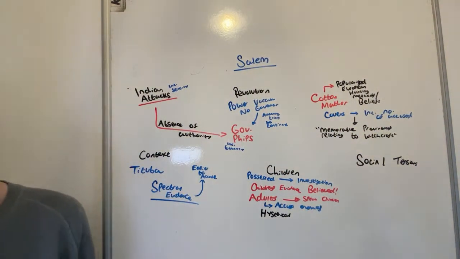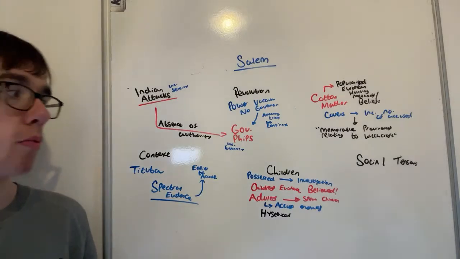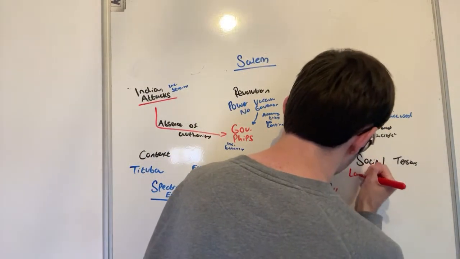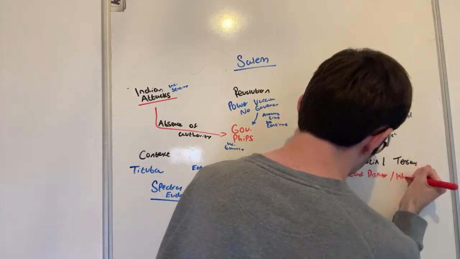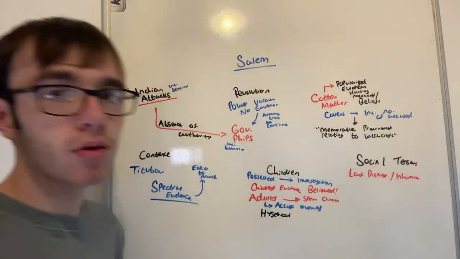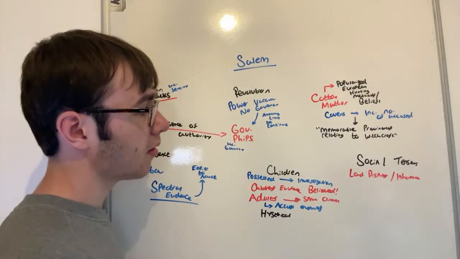So, social tensions. Social tensions within the community, often associated with land disputes and inheritance, created an environment that was well suited to a witch hunt. So, land disputes / inheritance. That's all you can really put for that, I think.